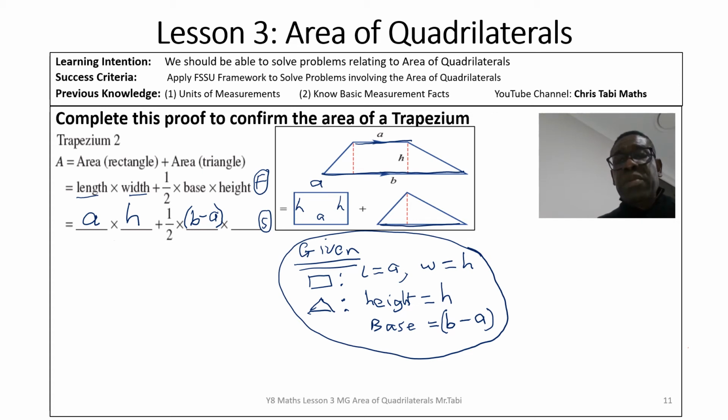And then we multiply that by the height, which is h. There's a bit of simplification we need to do here. Because a times h is ah, we just drop the multiplier sign. We know it's multiplying plus. Now, let me just write this out here first. You have half b minus a h.